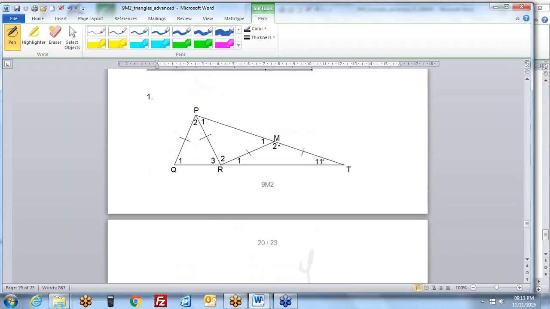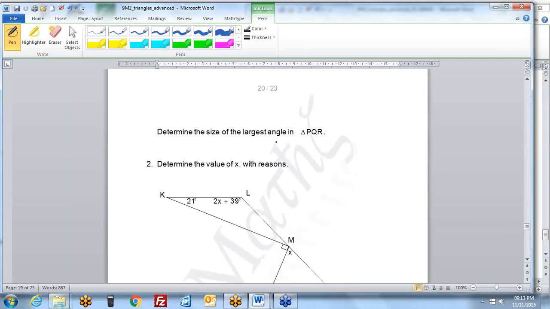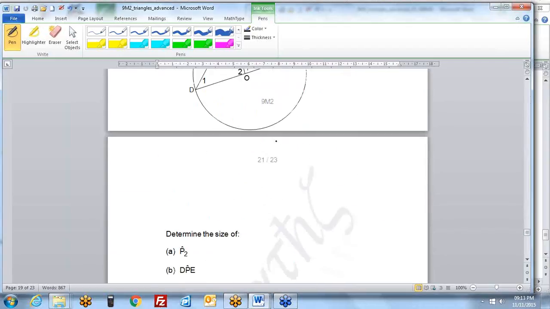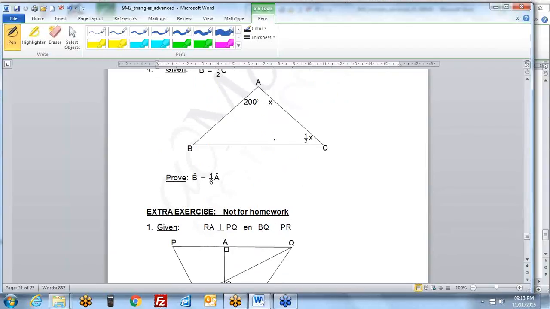Right, then we have the homework, and you're going to get 15 minutes in which to complete the homework, which is number 1 to 4. So just do number 1, 2, 3, and 4 for me of the homework, and do it within 15 minutes. So you have 15 minutes now in which to complete it.